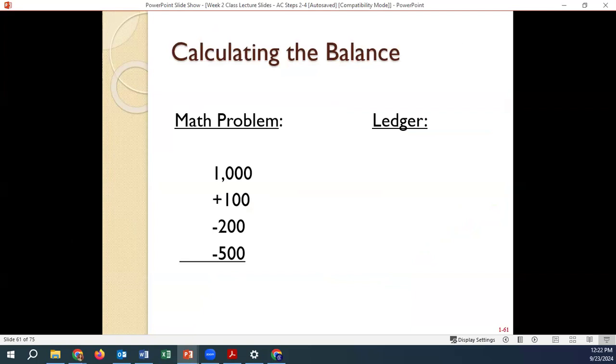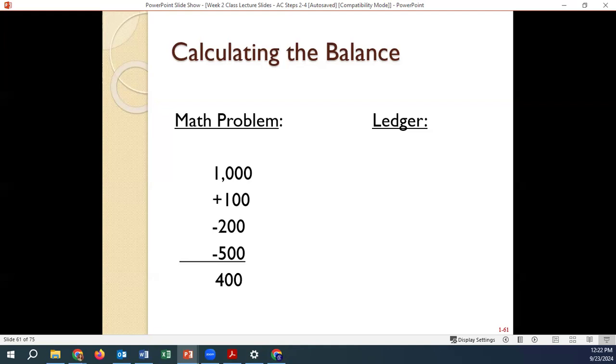So here's an example of a math problem that you might have had in elementary school: 1,000 plus 100 minus 200 minus 500. What would the answer to that be? I'll give you a few seconds to figure that out. Okay, hopefully if you did your math right, you calculated that comes out to $400.